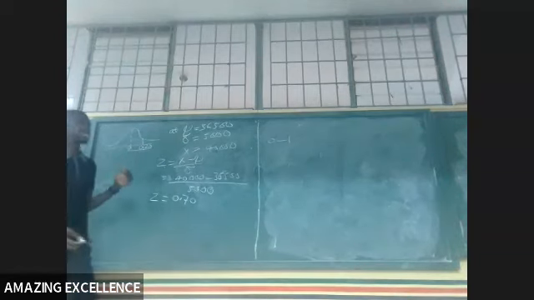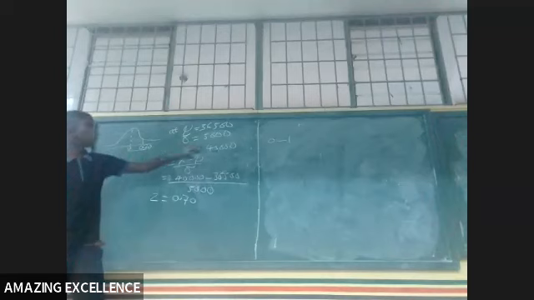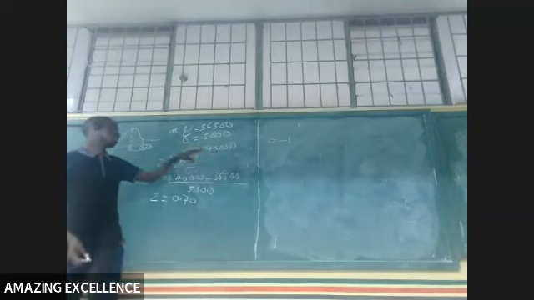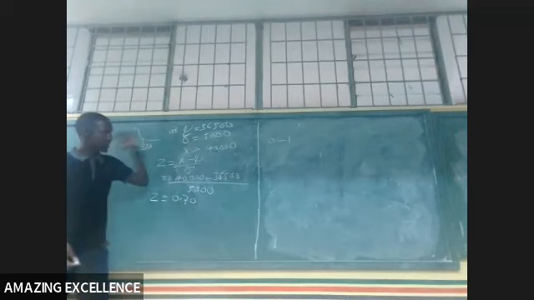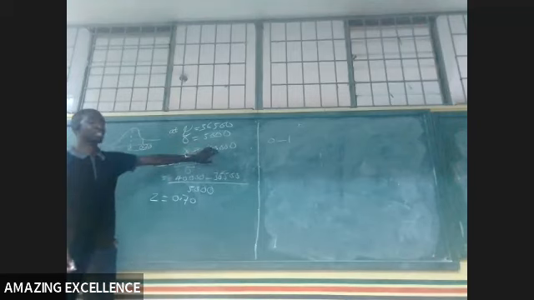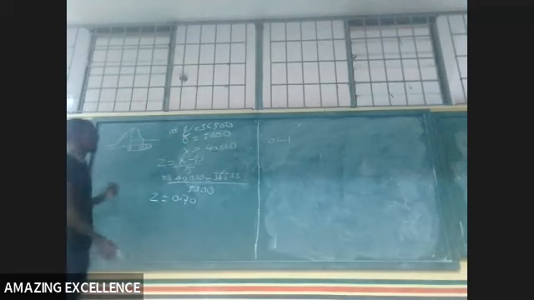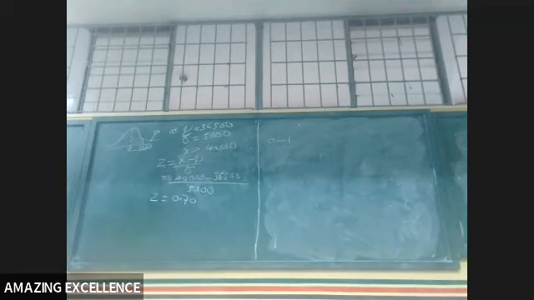But the question says the area exceeds, meaning finding the probability that x lies after 40,000. That is to say, after 0.70. This is the area that you're looking for. You're not looking for this one or this one. You're specifically looking for this area. So how do we do it now?